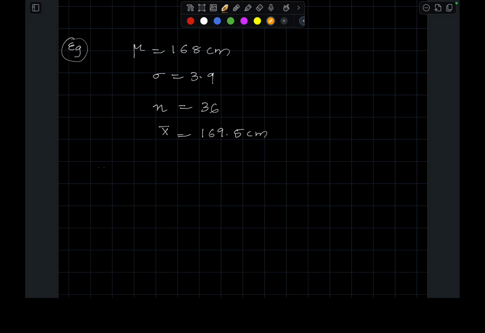So here the question is: at a 95% confidence interval, is there enough evidence to reject the null hypothesis?